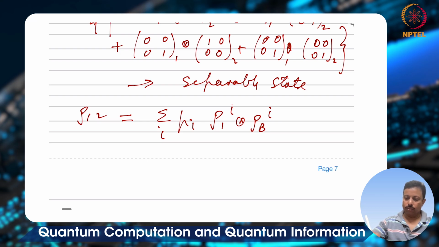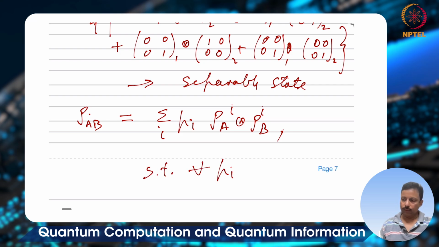Sorry, let me change a little bit of notation. Let the two Hilbert spaces be called A and B, it's easier to represent: rho_iA and rho_iB. So if this holds, such that for all p_i greater than or equal to 0 and sum over i p_i equal to 1, then this will hold.